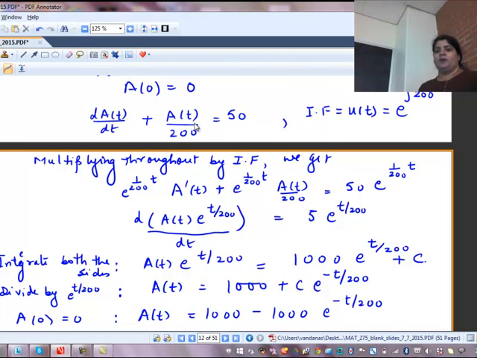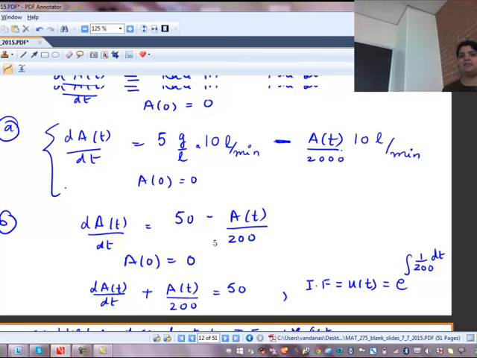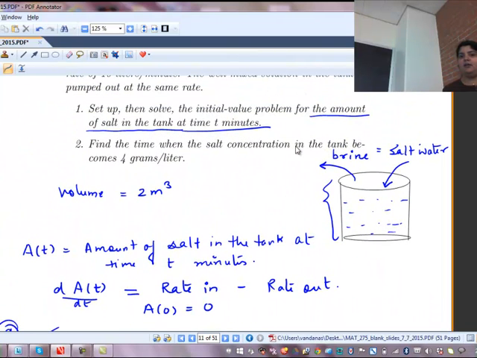And what is the second part asking us? Give the time t such that the salt concentration in the tank becomes 4 grams per liter. Now they are saying concentration, and concentration has units of grams per liter, but what we obtained is grams.